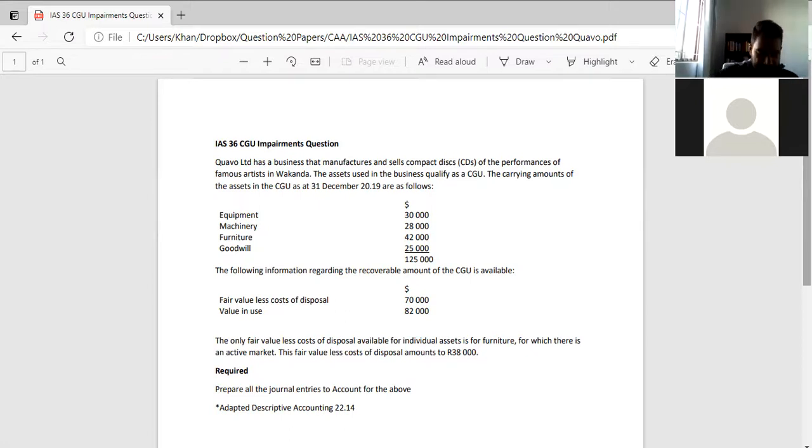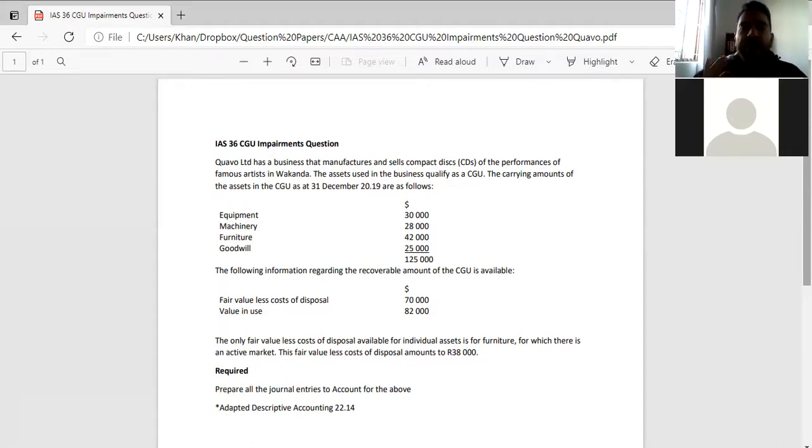Okay, so just understand in IAS 36, which is impairment, they talk about a concept called CGU, cash generating unit. The general principle is that you must impair a single asset.